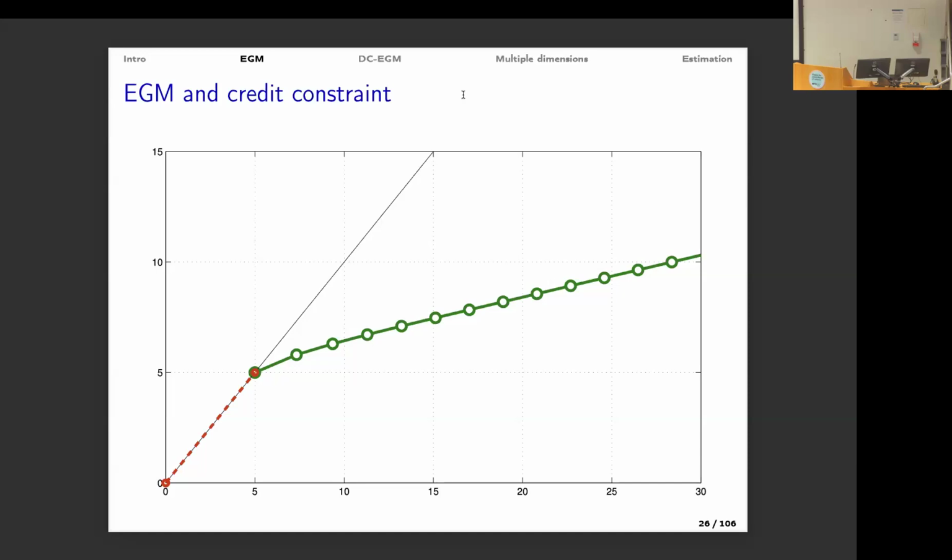This is the optimal savings function as a function of wealth. And then to take into account the credit constraints, all you have to do is to recognize that below this level where the Euler equation holds but the constraint is binding, the constraint will be binding. So you have to save nothing. You have to consume on the 45-degree line. And so now you have this complete policy function with credit constraints.